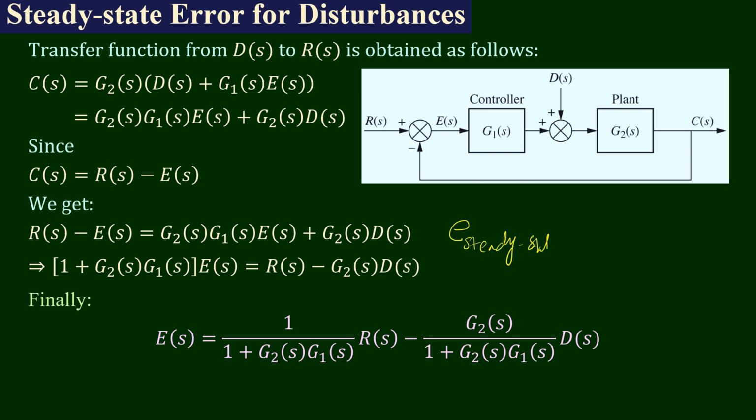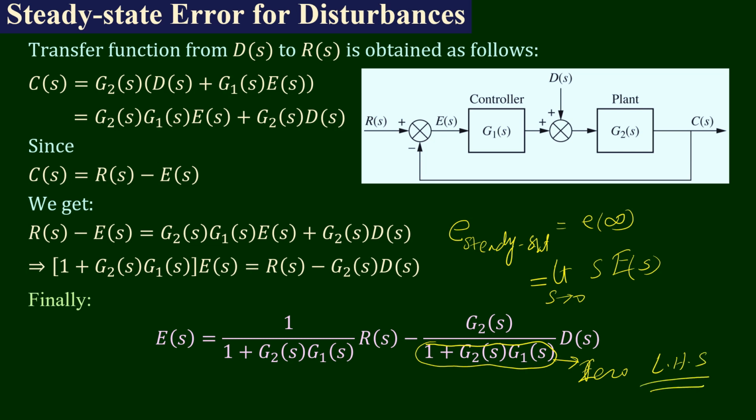E steady state, or ESS, is equal to E infinity, and normally we use the final value theorem, limit s tends to 0 of s E(s), and this will be possible only if the system has poles and zeros in the left half s plane.